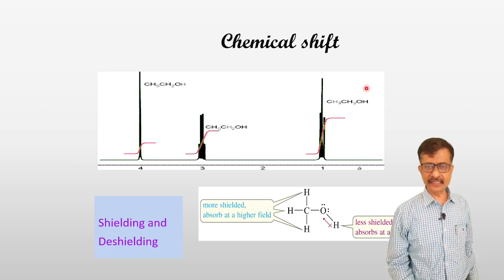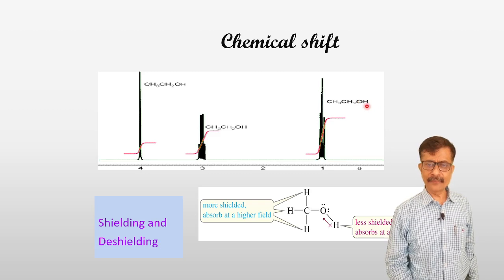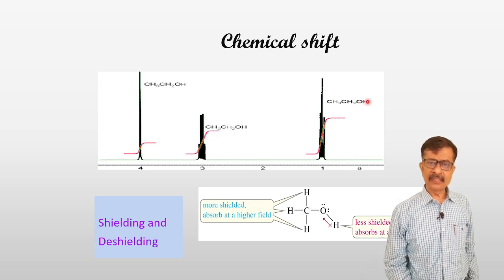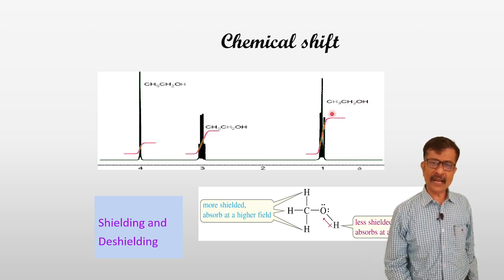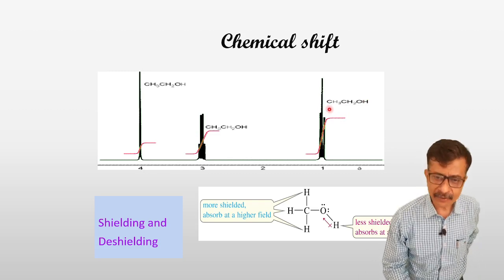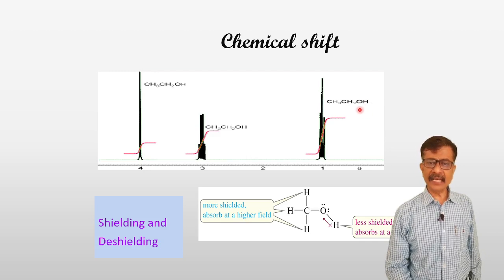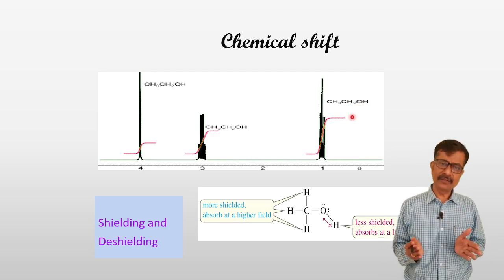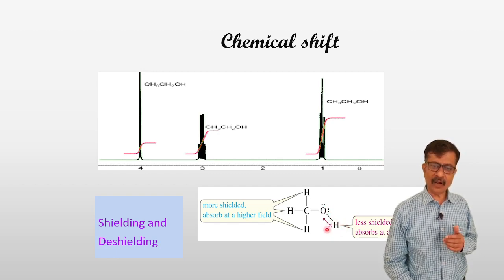If you look at this, the hydrogen atom connected to oxygen in the OH group, this hydrogen nucleus is de-shielded as compared to the CH2 or the CH3 hydrogen atoms, because the OH hydrogen is directly connected to oxygen, which is electronegative, and this oxygen pulls electron density from the hydrogen around.